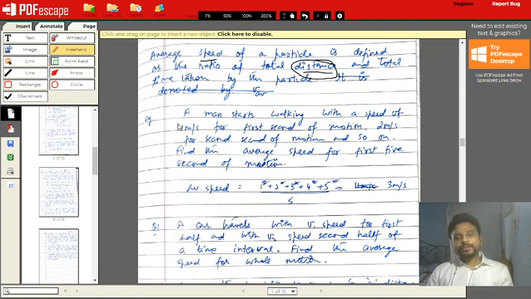In this example, we are given that a man starts walking with the speed of 1 meter per second for the first second of motion, 2 meters per second for the second second of motion, and so on. Find the average speed for the first 5 seconds of motion. So if we read it again, the speed is 1 meter per second for the first second, 2 meters per second for the second second, and so on.